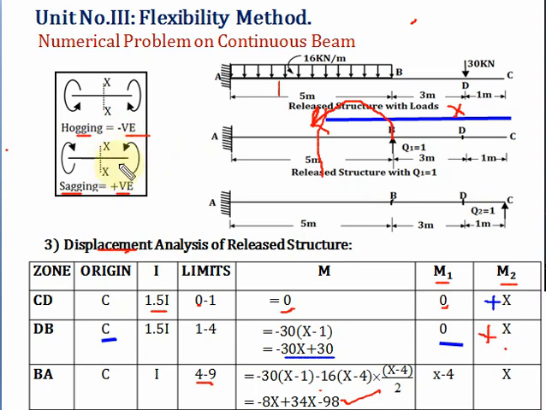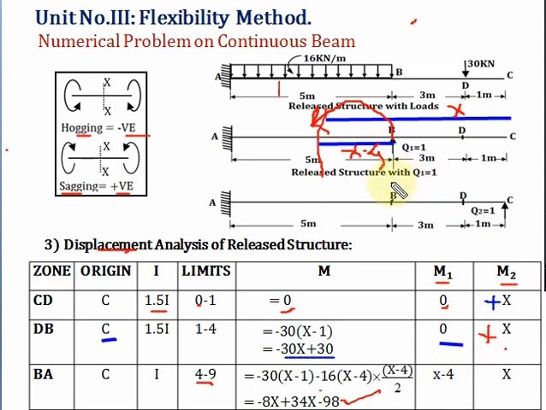On the right hand side, the nature of bending moment will be sagging, so plus. Now you have to calculate this distance, which is x minus this distance, so the distance will be equal to x minus 4.